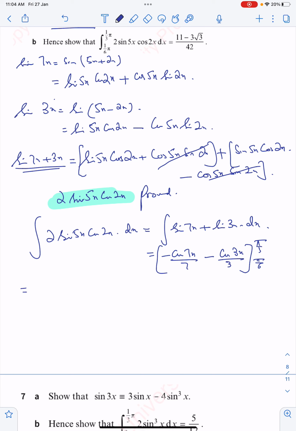Okay, so minus cos. If I take out negative as common, believe me, that will be simpler.